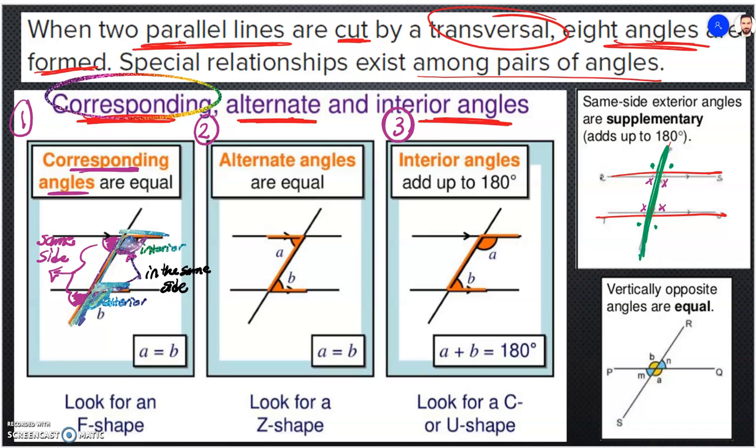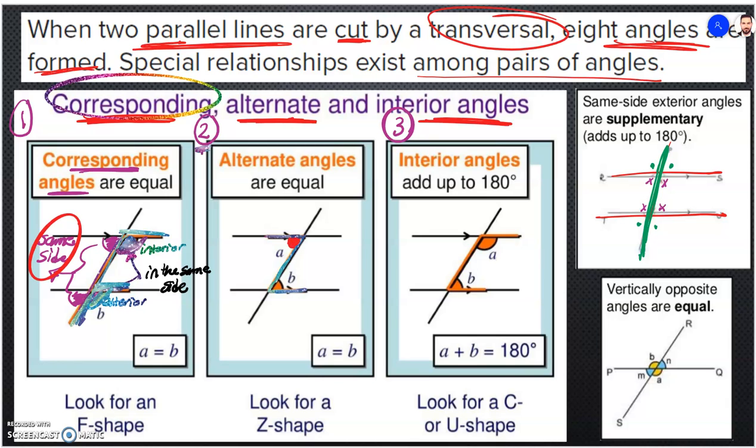What is type number 2? When the two parallel lines are cut by the transversal, we have alternate angles, and the alternate angles form a letter Z, as you can see now. Alternate angles are not on the same side, they are on different sides.